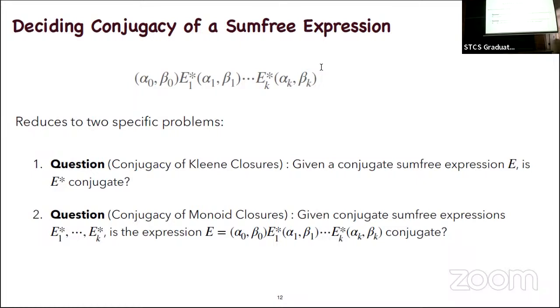If we solve these two problems, you start from the bottom and apply them one after another, and ultimately you will be able to check conjugacy. It's just a bottom up procedure. So these are the two major problems. We have reduced the problem to checking conjugacy of a sumfree expression E.